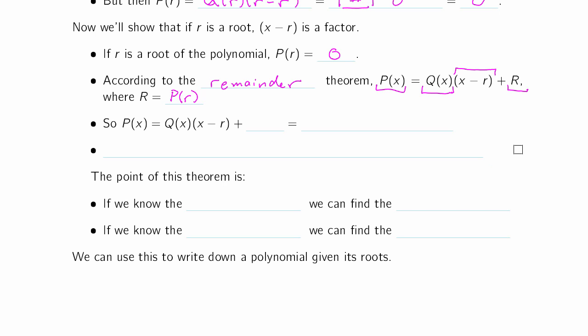Oh, notice, this is something we often do in math. Little r and capital R we're using as different variables. That happens a lot. In this case, the little r stands for root and the big R stands for remainder. Lowercase letters and capital letters are different variables.